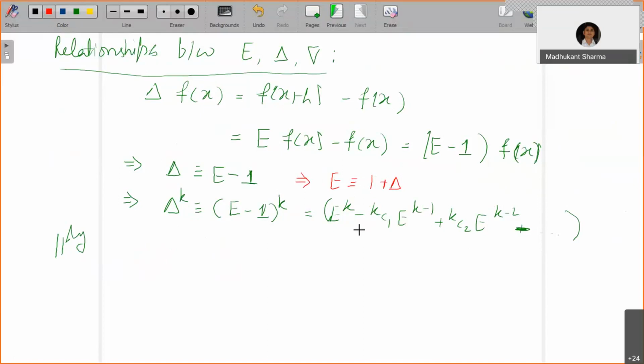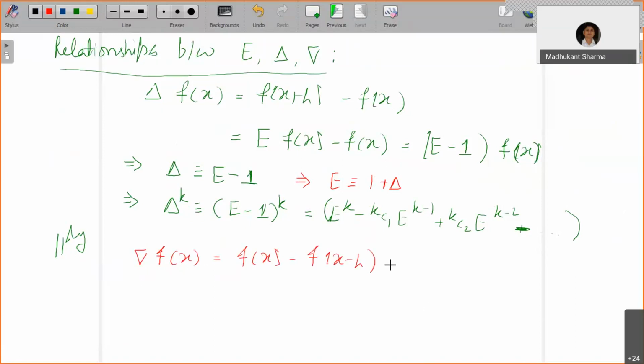Okay, so you can give E in terms of delta and delta in terms of E. Both ways are possible. Similarly, if you follow the definition, the backward difference of f of x is f of x minus f of x minus h.